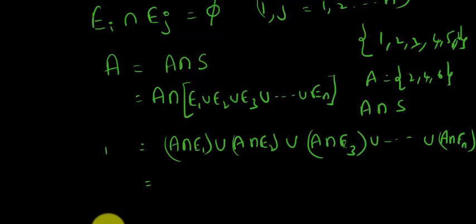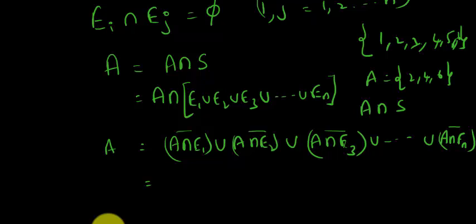Now that is my A. I'm now going to take the probability on both sides. And here one thing that we need to understand is that because Ei and Ej, any of the two pairs, are completely mutually exclusive, even these events are going to be mutually exclusive.